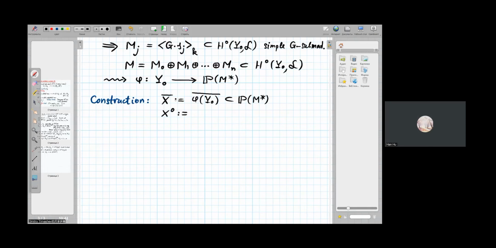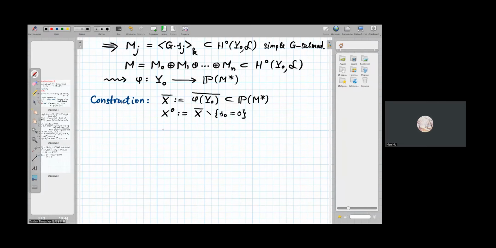So X bar is by definition this closure, and X naught is an affine open subset of X bar obtained by removing the hyperplane section. So we remove the vanishing locus of S naught from X bar, and we get an affine B-stable open subset. It is affine and B-stable because S naught is B semi-invariant.